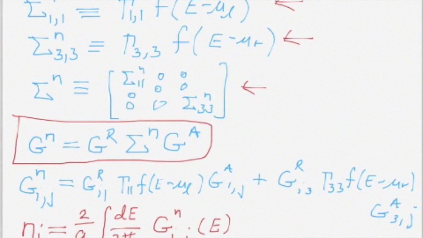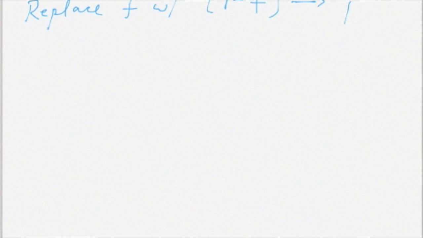We can do exactly the same thing: if we simply replace the Fermi factors F with 1 minus F, we get the whole density. So everywhere we had an F, we replace it with 1 minus F, and that's going to give you your whole density.